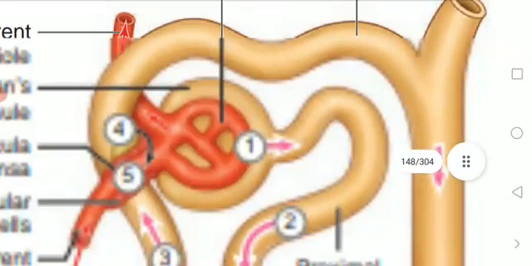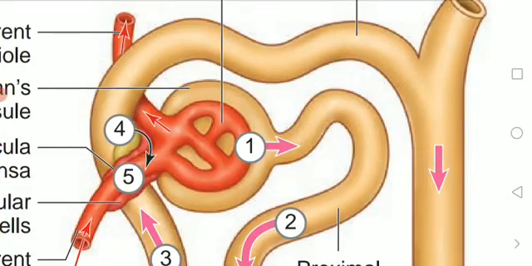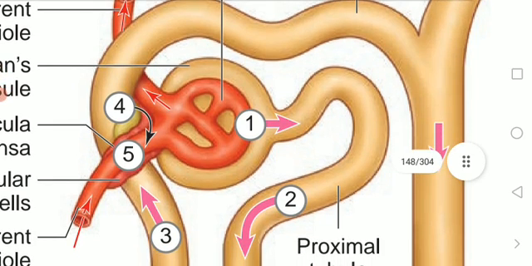The tubules are these structures, one, two, three, four. The elements in the blood that are larger than 5 nanometers will be barred from entering the tubules.